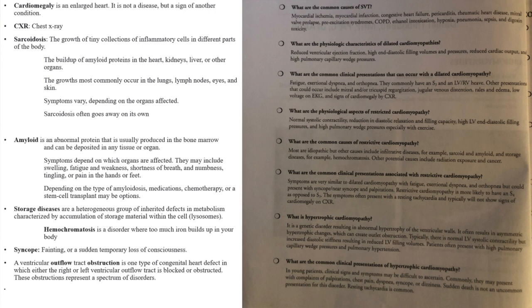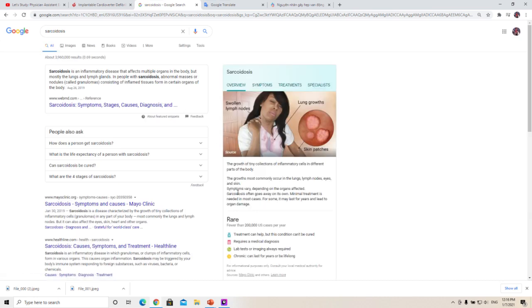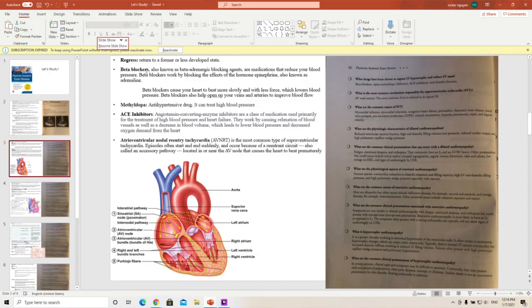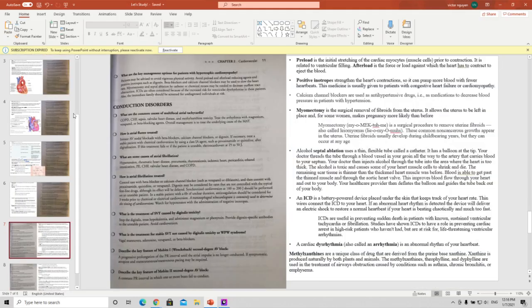I think I did something wrong here. Sarcoidosis. Lymph node growths commonly occur in the lungs, lymph nodes. Yeah, there's something wrong here. Okay. It says amyloid here.